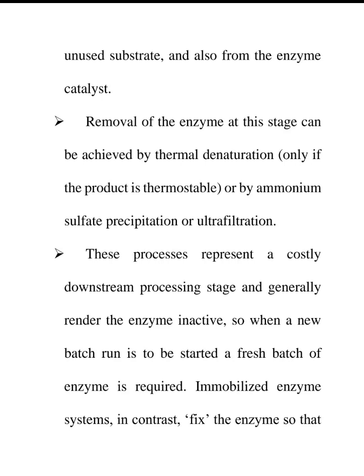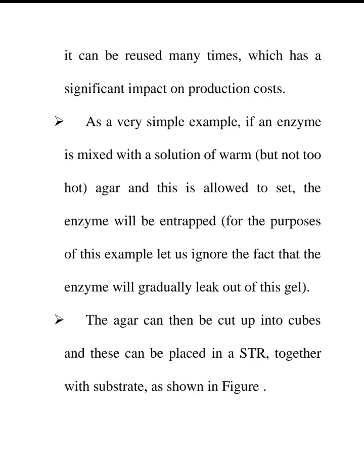Immobilized enzyme systems, in contrast, fix the enzyme so that it can be reused many times, which has a significant impact on production costs. As a very simple example, if an enzyme is mixed with a solution of warm, but not too hot, agar, and this is allowed to set, the enzyme will be entrapped.